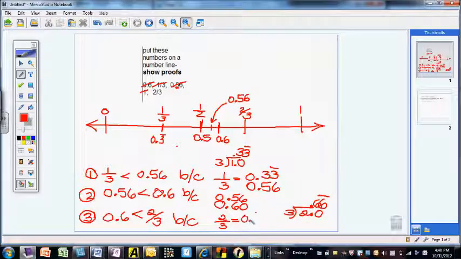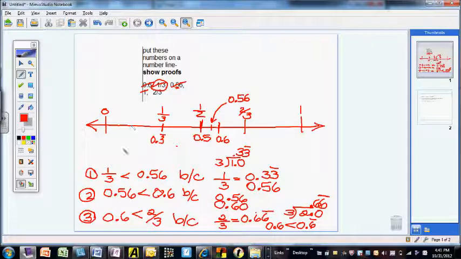So this repeats. 0.6 repeating. So 0 and 6/10 is smaller than 0 and 6/10 repeating because there's all of those 6's following after it. Okay, so make sure when you do your proofs that you're going left to right and use the original numbers.